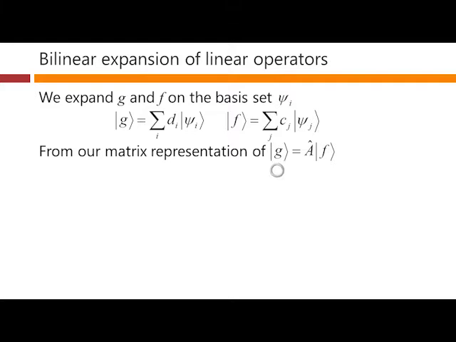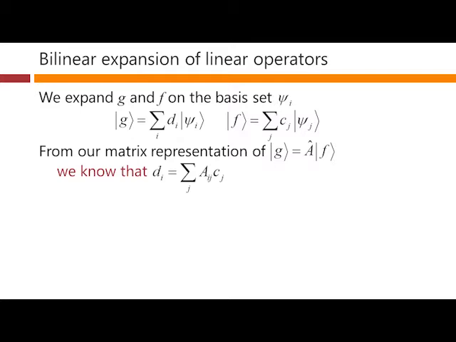We have a matrix representation of g equal to A operating on f, and when we did that, we know that we got that di would be the sum over j of aij times cj.